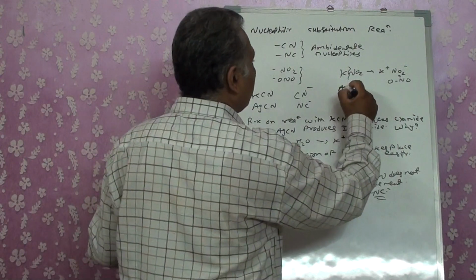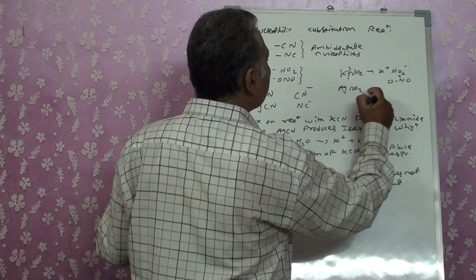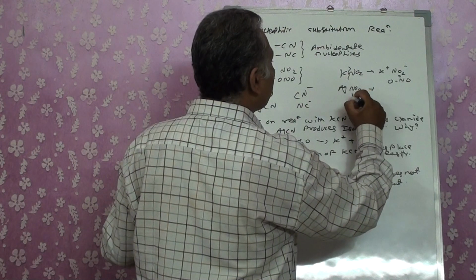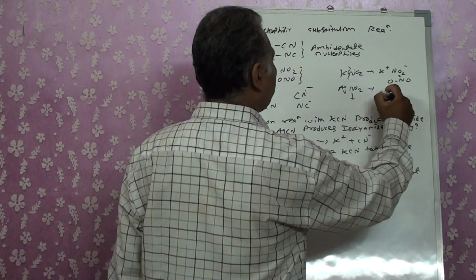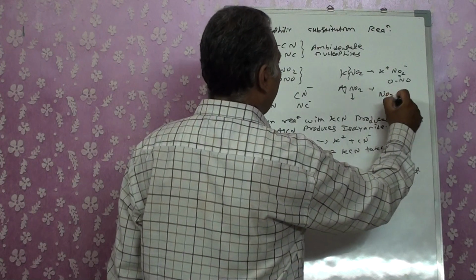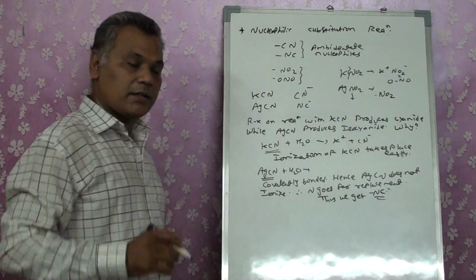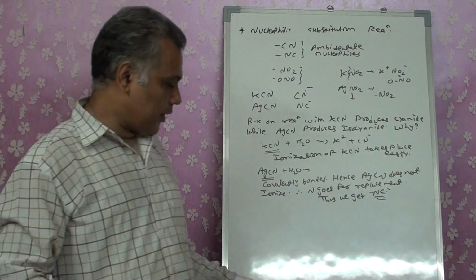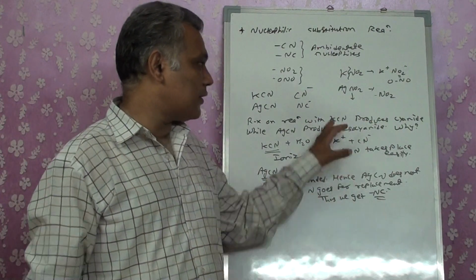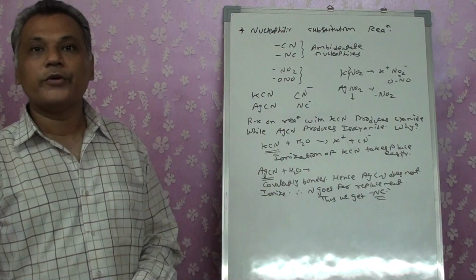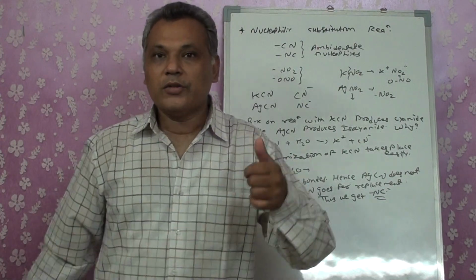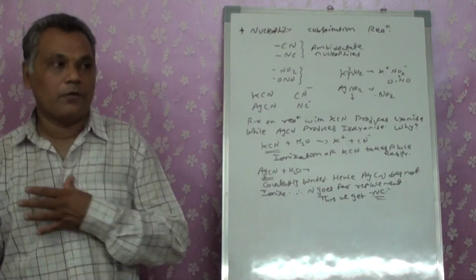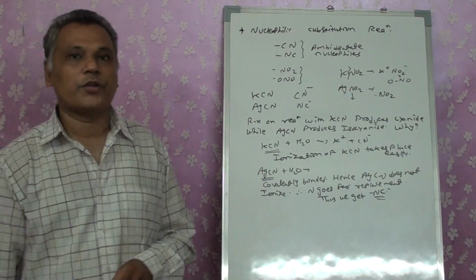While AgNO2 does not ionize, so nitrogen goes for bonding, producing NO2. That is the difference. That is why these reactions produce different products with ambidentate ligands. Now this was one factor that we studied for the nucleophile.